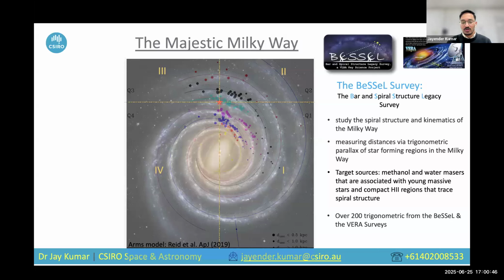So it's a perfect tool to target these high mass star forming regions, and I'll talk a bit more about that later on. This map over here is a projection of the Reid et al. 2019 model, which shows more than 200 trigonometric parallaxes, which come not only from the BeSSeL survey, but also the similar survey in Japan done by Mareki Honma-san and his team, the VERA survey, and Hiroshi Imai-san's parallaxes will be in this plot as well.